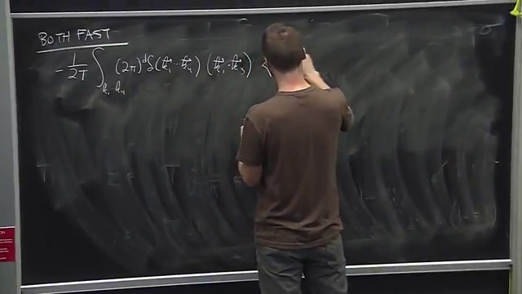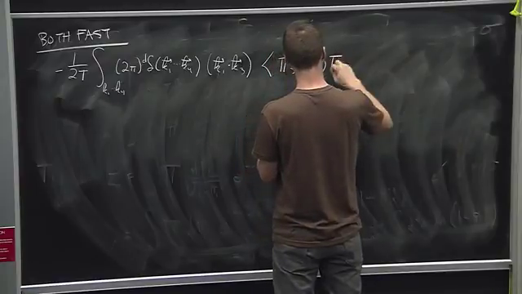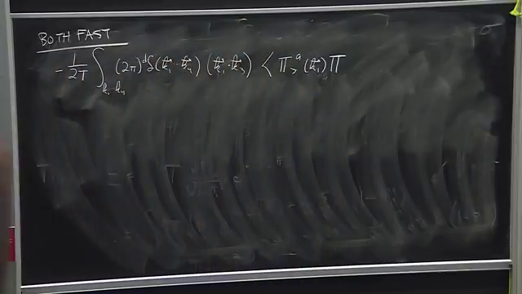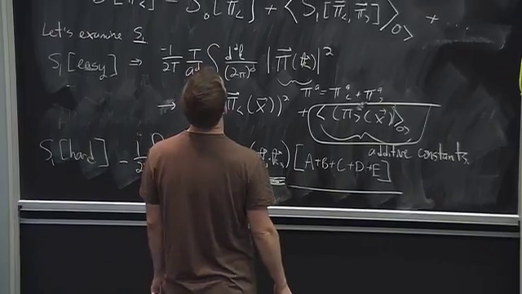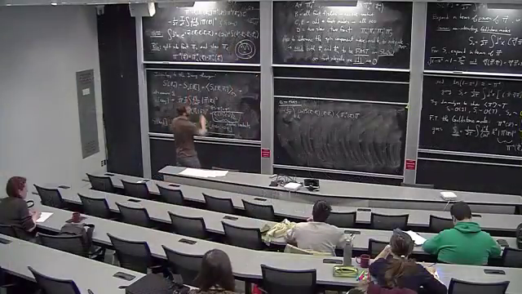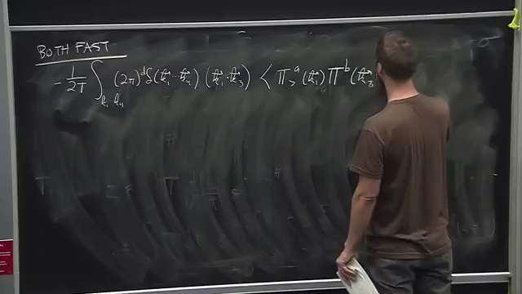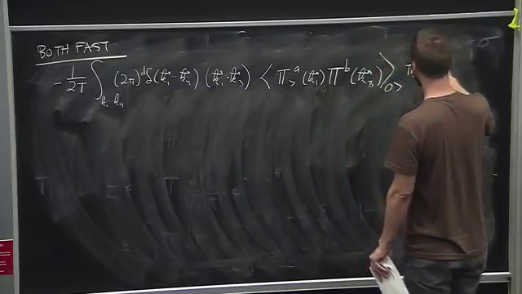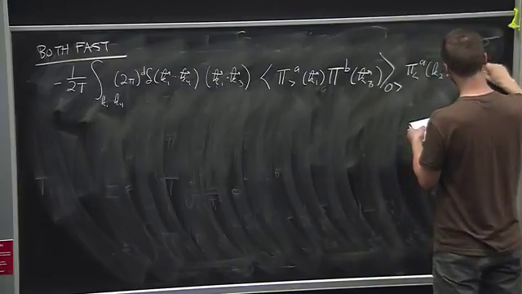I need the expectation value of 1 and 3. Right, so it's A and B. That makes sense. K1 and 3. And then these are my slows. A, 2, B, 4.